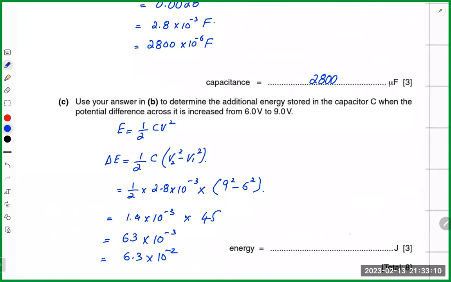Can anybody confirm with a calculator? Yes, sir. So this is how you're supposed to solve these kinds of questions.